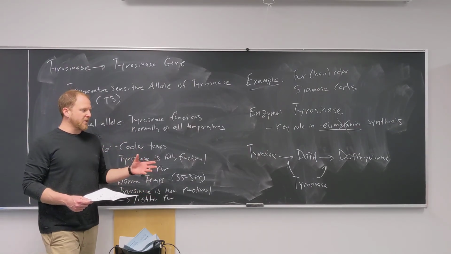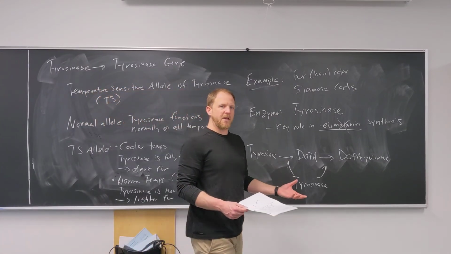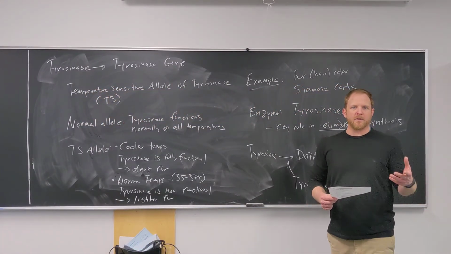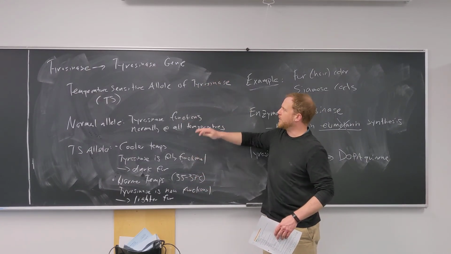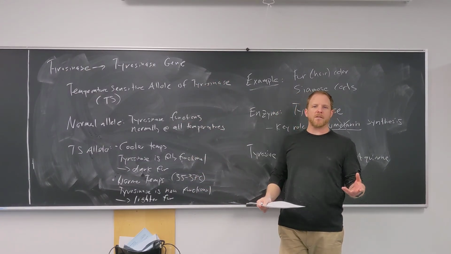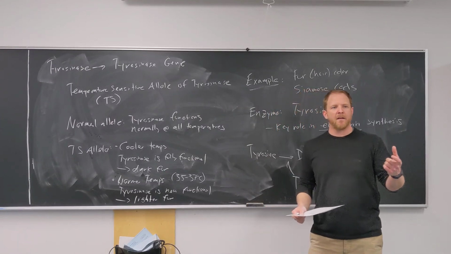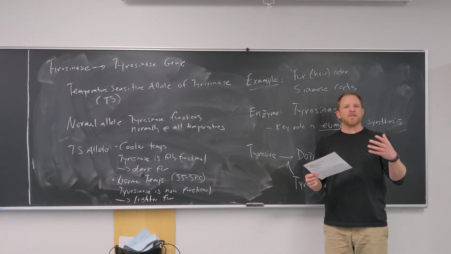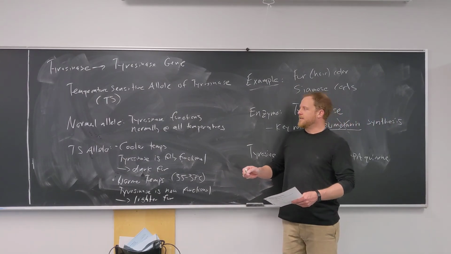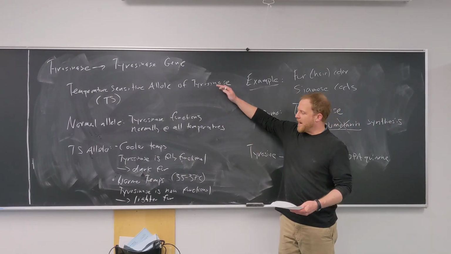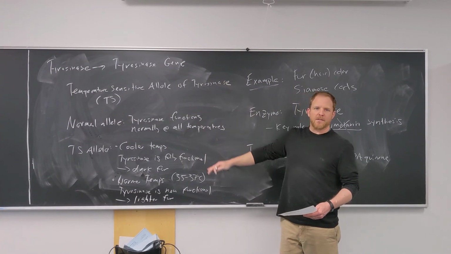What I want you to do is look up a picture of a Siamese cat and, going through this description of the temperature-sensitive allele of tyrosinase, focus in on what regions of the Siamese cat have dark fur and what regions have light fur. Does the image that you see jibe with the description of this temperature-sensitive allele?